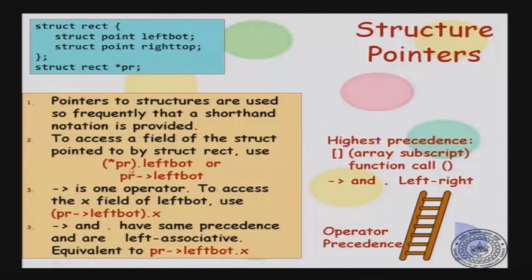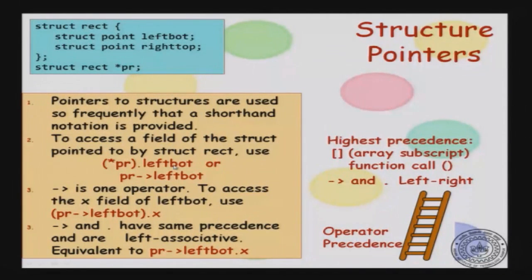So, by the associativity and precedence rules, you have to include these parentheses, and this is inconvenient. Therefore, C provides a syntactic convenience which is PR arrow. Arrow is actually two characters, a dash and a right angle bracket. So, PR arrow left bot is the same as within brackets star PR dot left bot.